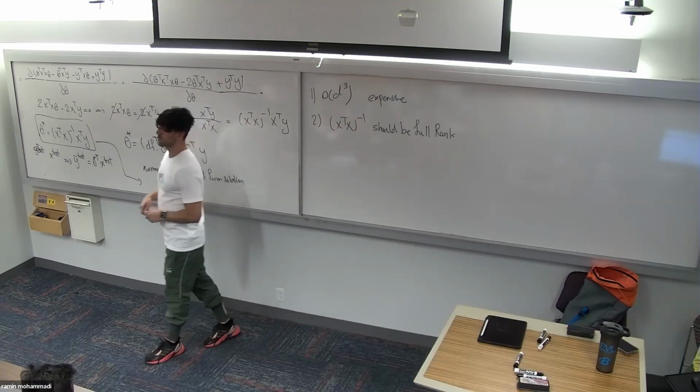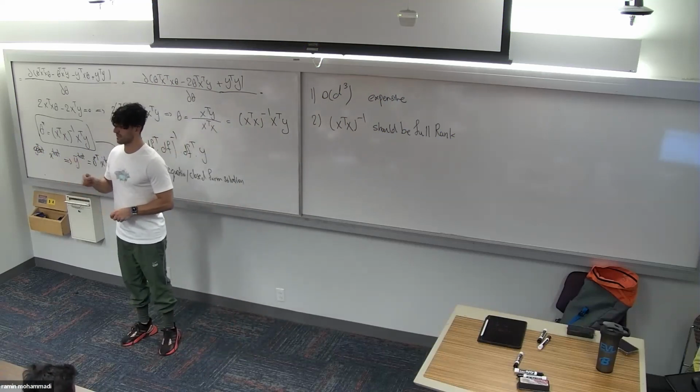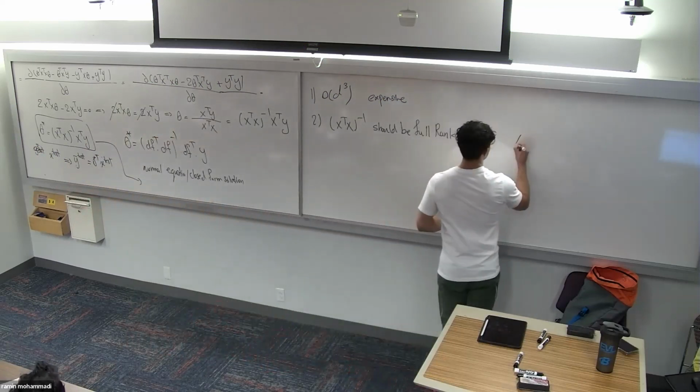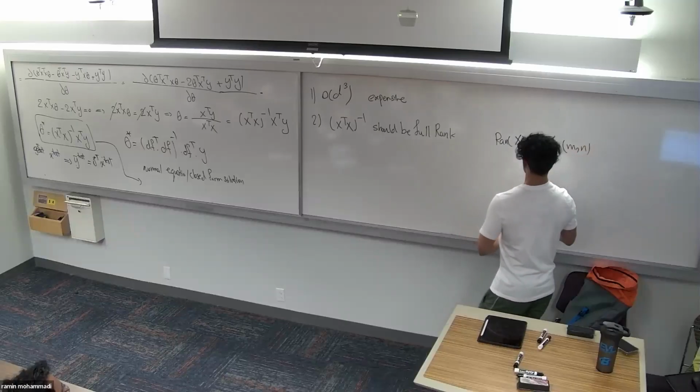If there is any zero eigenvalue, it's not full rank. But the other one is the definition of a full rank matrix: matrix X is full rank if the rank of X is exactly equal to the minimum of M and N, or N and D, let's say, the number of rows and records. If that's the case, it's full rank.